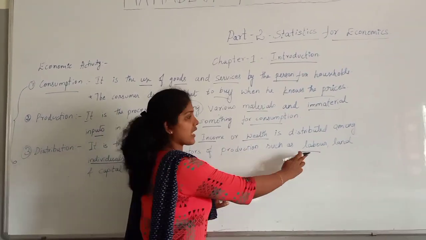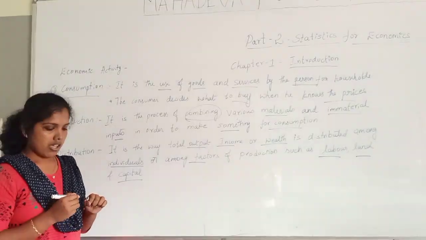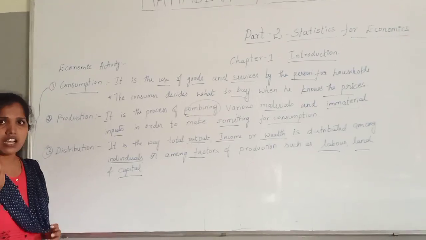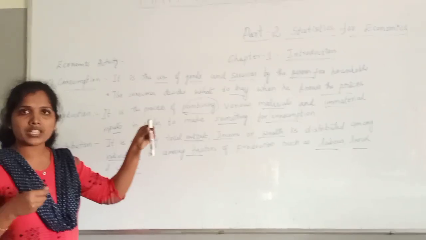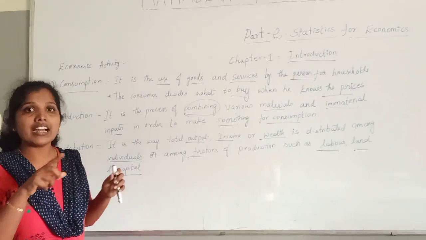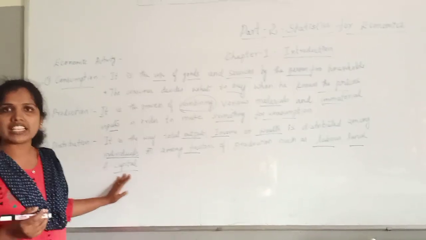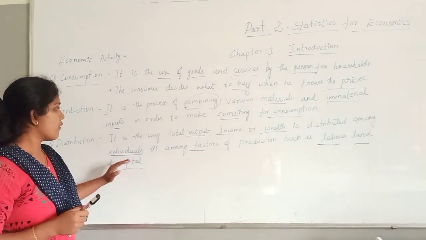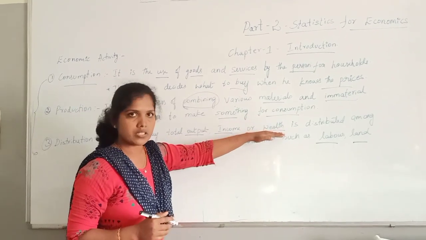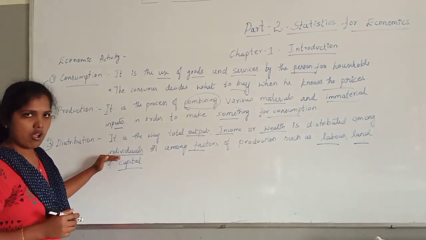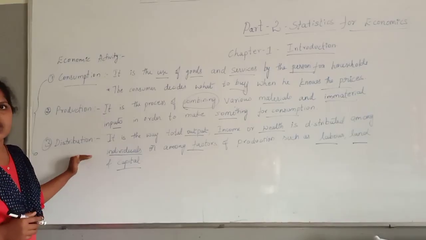There is a need for labor, land and capital. I can say this is a final output. To produce this, I want the labor to run the machinery. Then we want the land, why? To start the factory. And we need the capital, nothing but the money. So when we distribute the output or income or wealth among the individuals or among the factors of production, it is known as distribution.